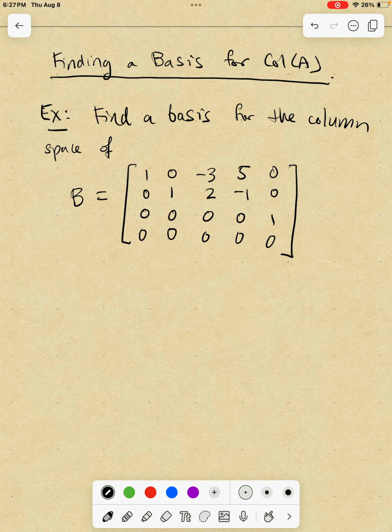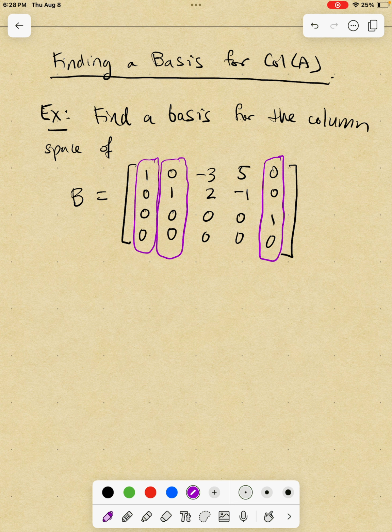So I'm looking at the span of these 5 columns, and notice that I have these pivot columns. This is a pivot column, that's a pivot column, and there's a third pivot column here. Remember, how do I find the pivots when I have a matrix in echelon form?